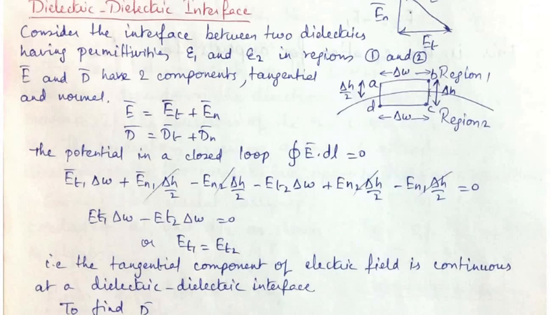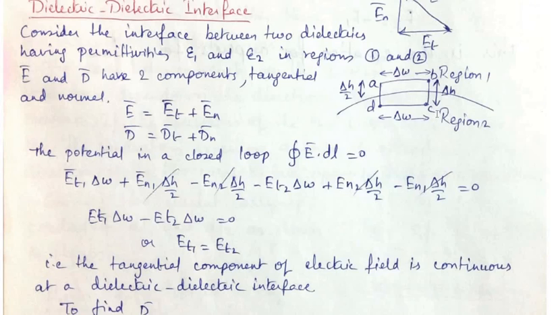Next, the path from the boundary to the point C. Now here the field is moving away from the boundary, so put a negative value here, minus EN2. EN2 because it is in the region 2 and the distance is delta H by 2.